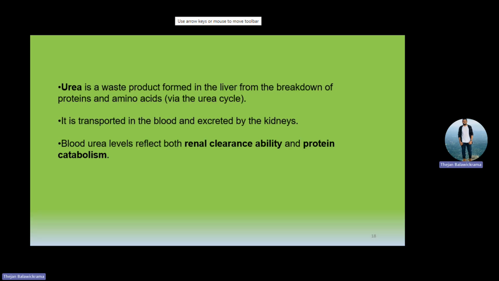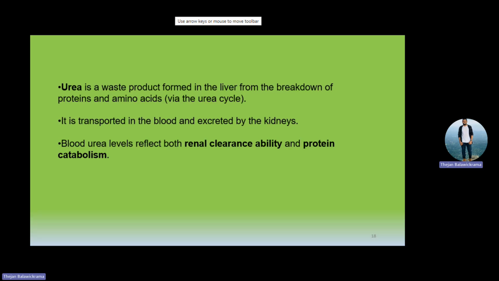By doing the blood urea test, we can have an idea about how protein metabolism is done in the body, plus how healthy our kidneys are. If the protein metabolism is happening properly and the kidneys are functioning properly, the blood test will be in reference ranges.